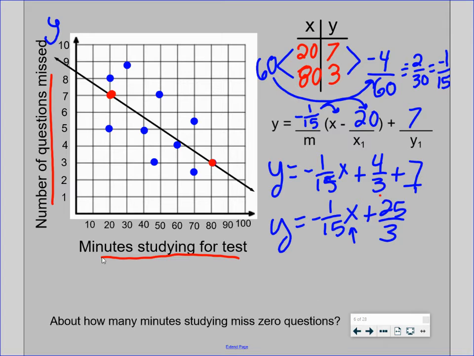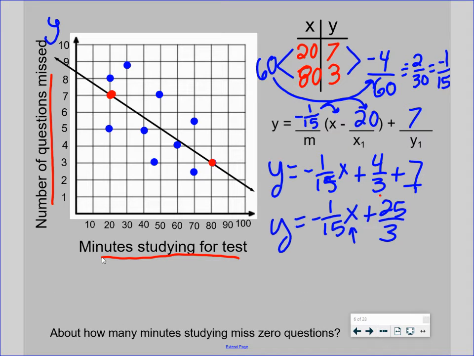So we're going to put our 0 right in here for y. Let me move some things around here a little bit. So if we put a 0 right in here, I'm going to use red, I guess. 0 right in here for y. And we are going to now solve for x. We have fractions here. This is going to be a good fraction assignment or a page to do.